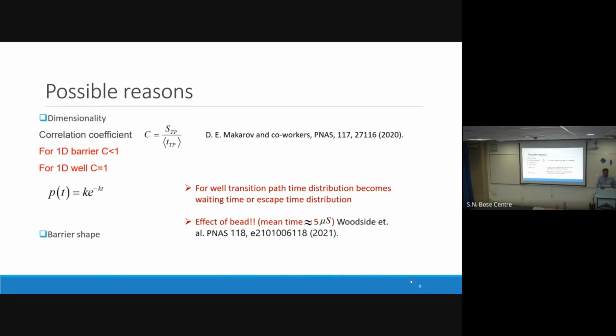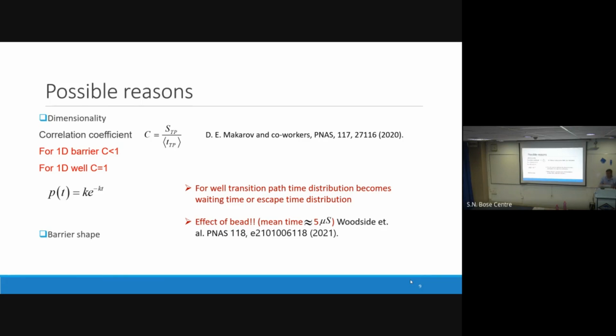If you consider only the bead and the tether, then the mean time will be 5 microseconds. However, the transition path mean time for one DNA hairpin is about 30 microseconds, and for another, the PRP protein, it will be milliseconds. So the bead can hardly affect the dynamics. The bead affects the dynamics, but not so much that it will create the long time tail.